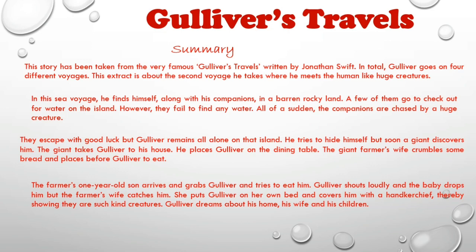Gulliver shouts loudly and the baby drops him, but the farmer's wife catches him. She puts Gulliver on her own bed and covers him with a handkerchief, thereby showing they are such kind creatures. Gulliver dreams about his home, his wife, and his children.